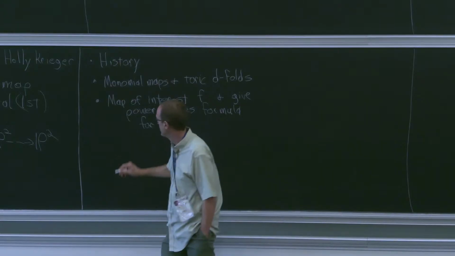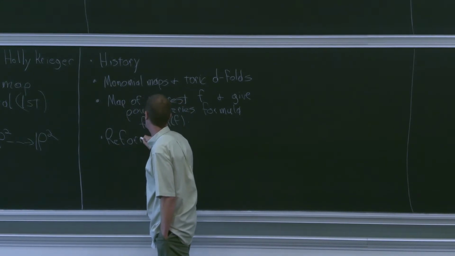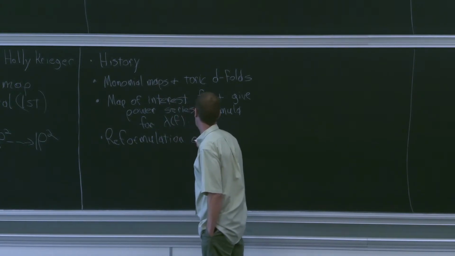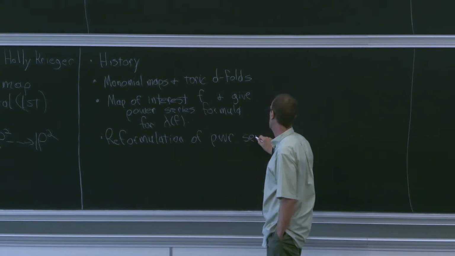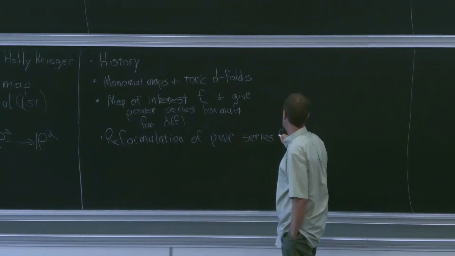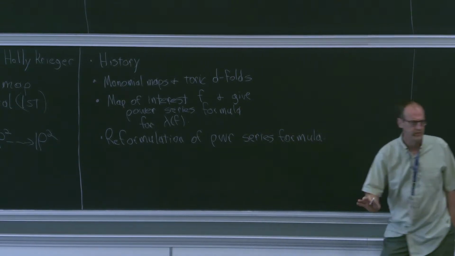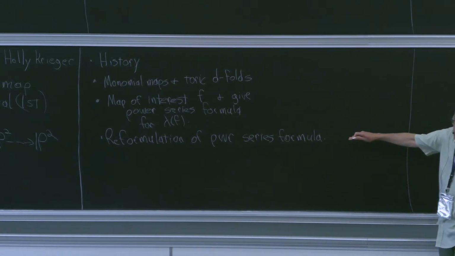And then there's an interlude where you reformulate the power series formula, turn it into something that looks fairly different from what you started with. Once you're done with this, all the geometry goes away.